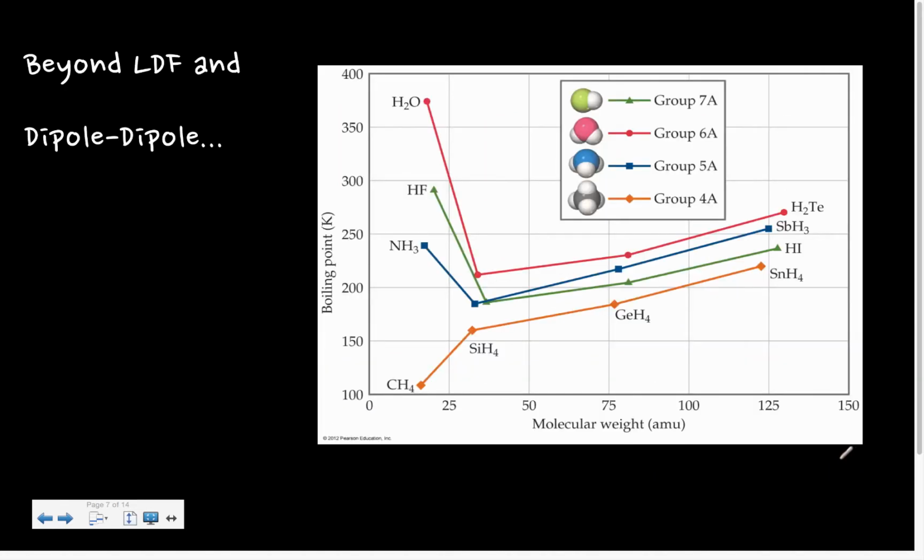Okay. Beyond dipole-dipole and London dispersion forces: London dispersion forces are present in anything with electrons, and dipole-dipole forces are present in all polar species. But it turns out that when we look at this chart here, which shows a lot of information, we'll see that on average, as we go down group 4, group 5, group 6, and group 7, the boiling point increases.